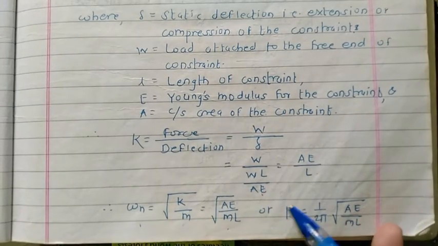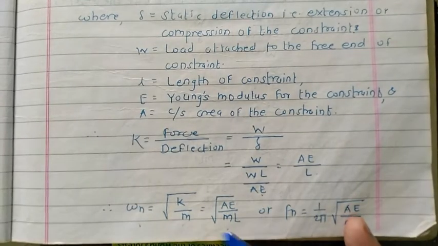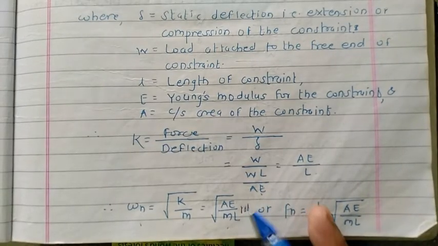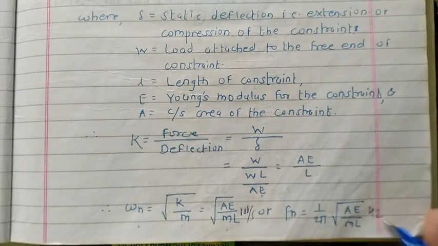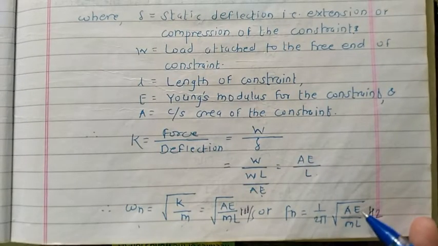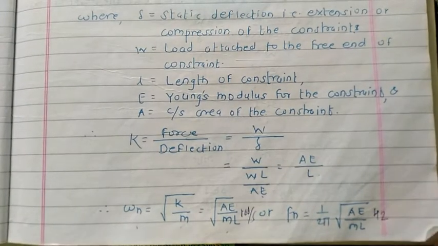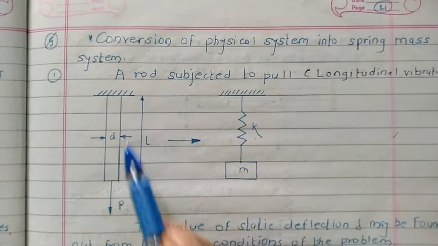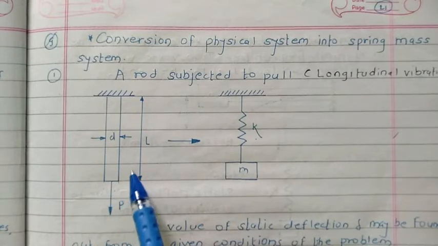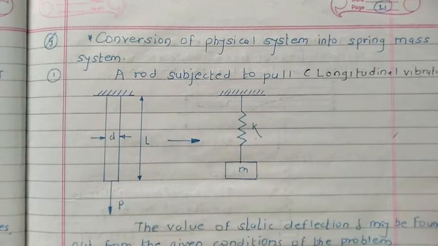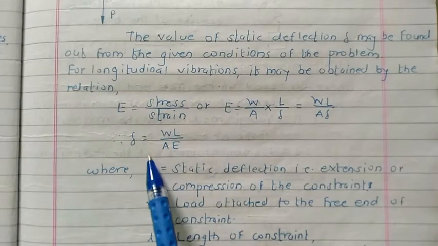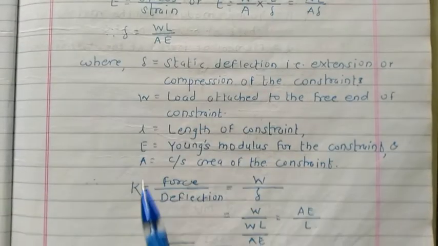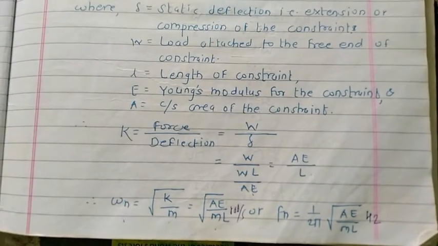So omega n equals the square root of AE divided by M into L. This is in radians per second, and in hertz it is 1 by 2 pi times the square root of AE divided by M into L. This applies when the physical system is subjected only to pull, or when we consider longitudinal vibration. In this way we can get the deflection, then the value of K, and further the value of omega.